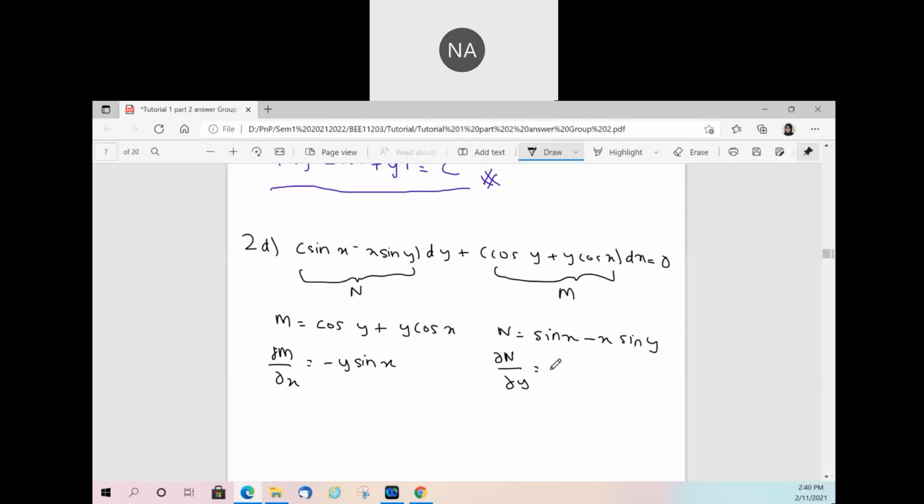Ni macam salah saya buat ni, del m, del y kan? Tak ada siapa pun betulkan saya. Balik.